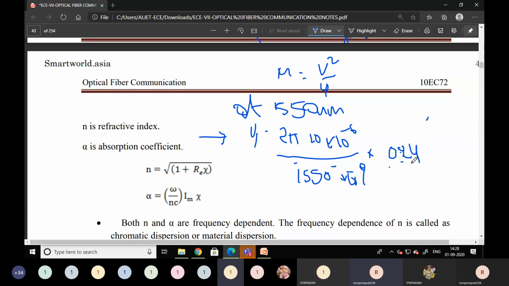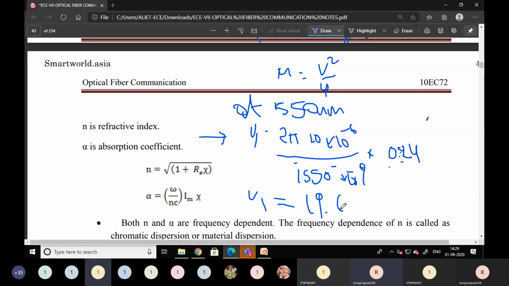Previously also we took the same values. 0.243, sir. Okay, 0.24 for example. This is V1. Tell me what is the V1 value. 19.69, sir. Very good, 19.6 you'll get.